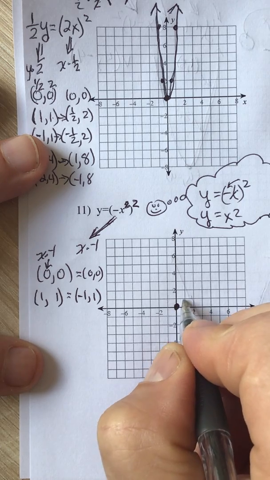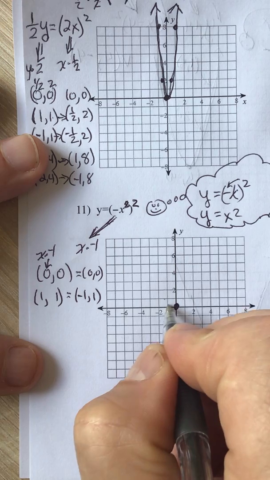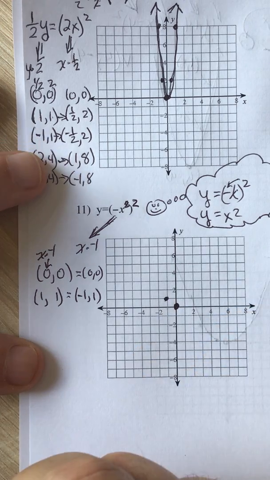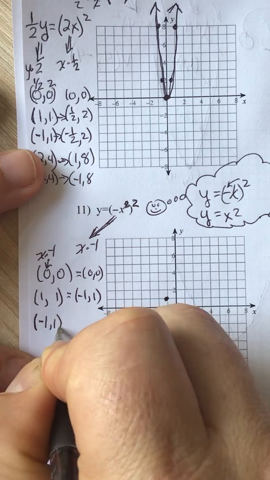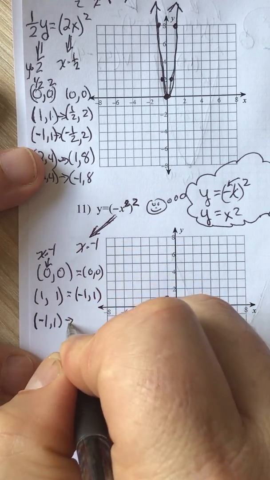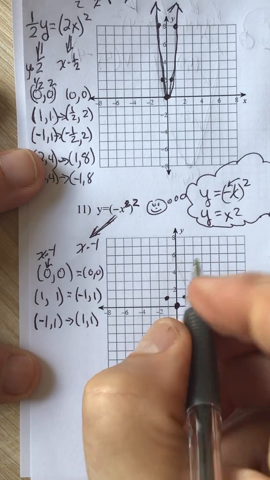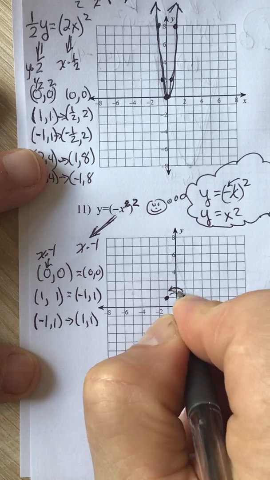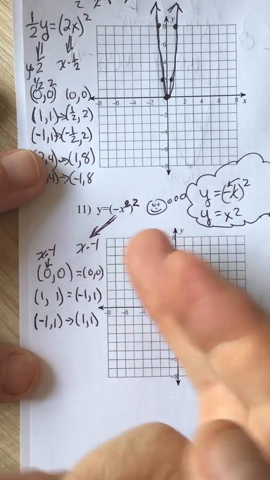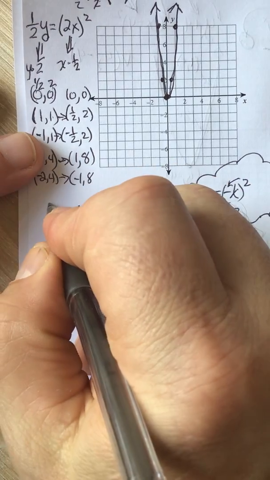I was supposed to go over 1, up 1, but now I'm going left 1, up 1. So left 1, up 1 is right there. But what about the other point? -1, 1. When I negate that one, it turns it into 1, 1. So now it's over 1, up 1. See what happened? The left side went to the right and the right side went to the left. It switched that parabola sideways. But the parabola is symmetric.